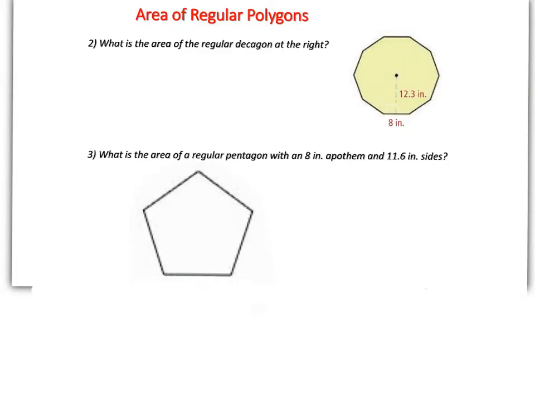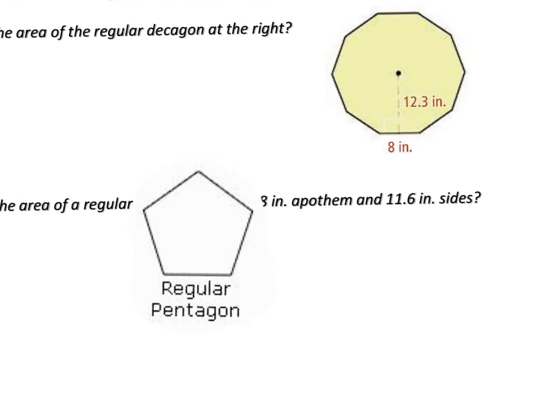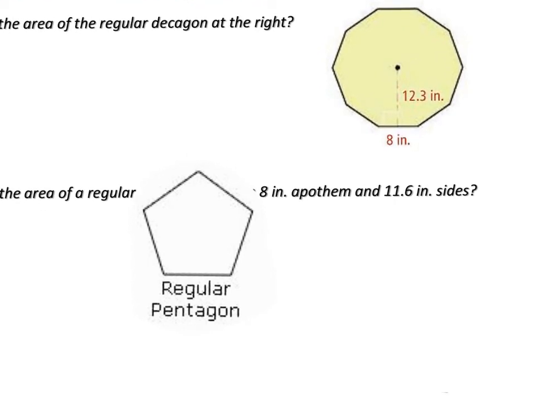Looking at this problem, what's the area of a regular decagon at the right? If we look at that shape, we could see that the apothem is 12.3 and a side is 8. So if I draw in one triangle there, then one triangle would be 1/2 times 8 times 12.3. Calculating that, we'll get 49.2.